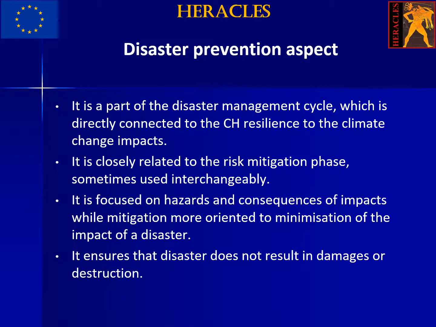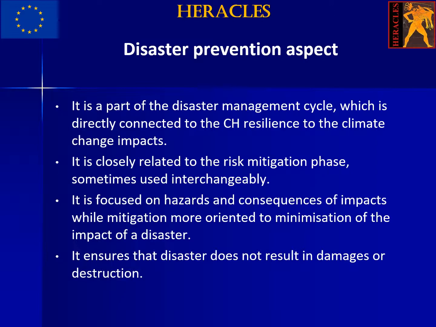Okay, since prevention and mitigation are closely related, when in practice these concepts are used interchangeably, there is a need to clearly define them. Firstly, let's see what is the aspect of disaster prevention. Well, it is directly connected to the cultural heritage resilience to the climate change impacts.